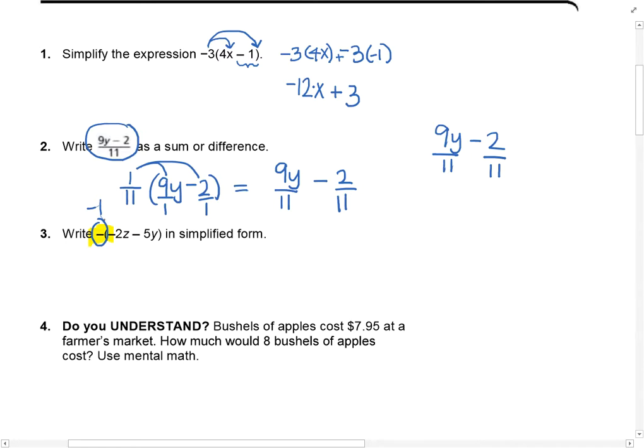That's going to cancel and give us a positive 2z, because a negative times a negative is a positive. And then we have a negative times a -5y, which is going to give you also a positive 5y. That's it. We don't have to write this plus in the front of the 2z though. You can just say 2z plus 5y. In fact, that looks a little neater.